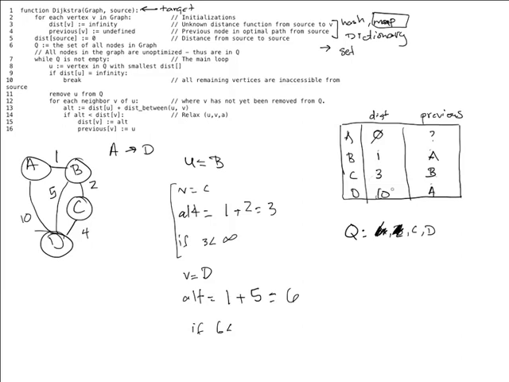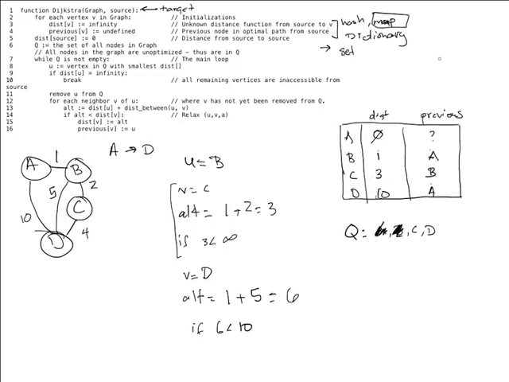We're going to say, hey, is 6 less than 10? Why, yes it is. Okay, so that means from the node D, we don't actually want to go to this previous node A. What we really want to do is go to B, because B is the cheaper route to A. All right, so that means we need to update our distances.